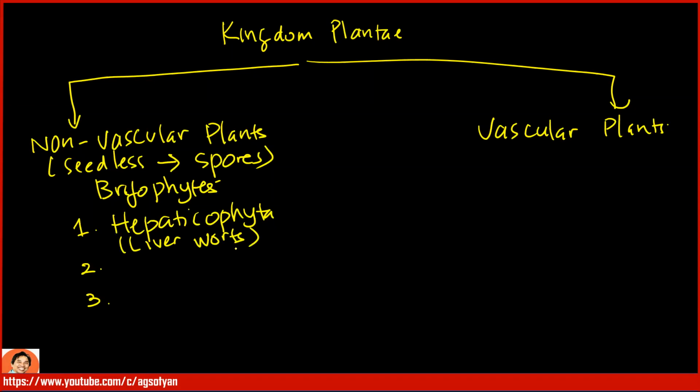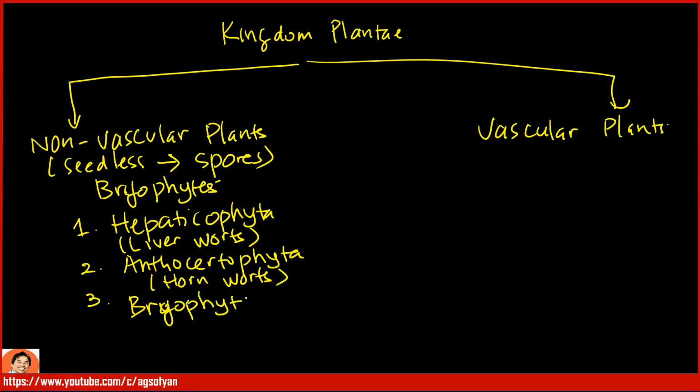The second phylum is Anthocerotophyta, which is also known as hornworts. And the last one, of course, is Bryophyta, which is the mosses.